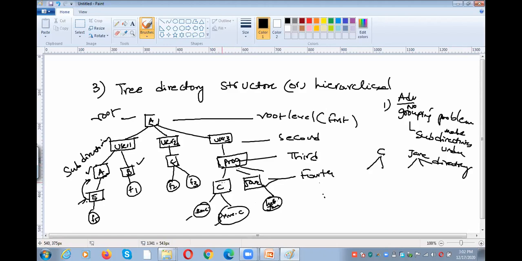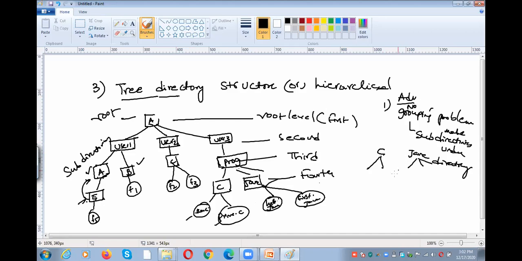Under the programs again there are two directories. One is a C directory and the second one is a Java directory. C and Java are the subdirectories under the prog directory. So C has all the C files and the Java subdirectory has all the Java files. It may be hello.java and it may be first.java. Like that, all the Java files are under the Java directory and all the C files are under the C directory. So that is the advantage of tree directory.